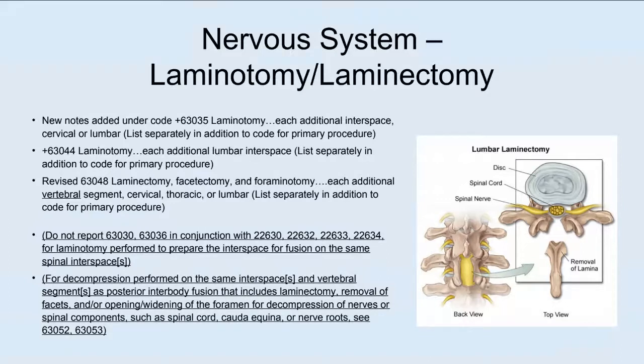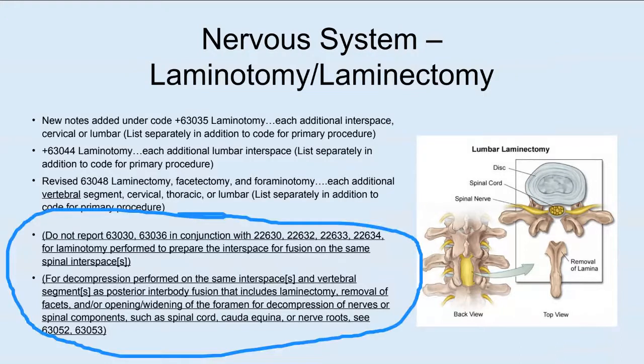Do not report 63030, 63036 with these codes in the musculoskeletal system, and these are for fusion procedures. So if the laminectomy is done to prepare the space for fusion, then you're not going to report them separately. That's kind of included in the fusion procedure.